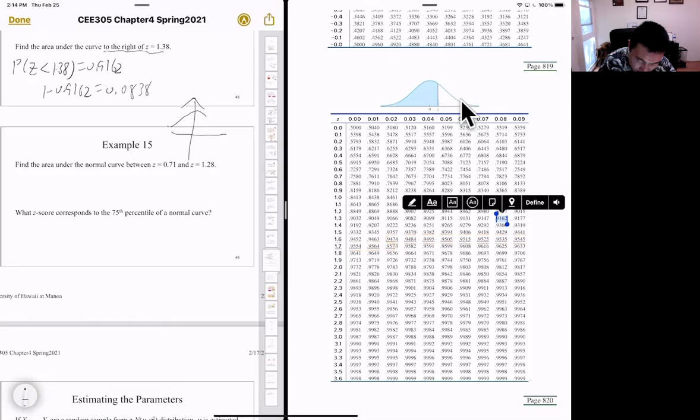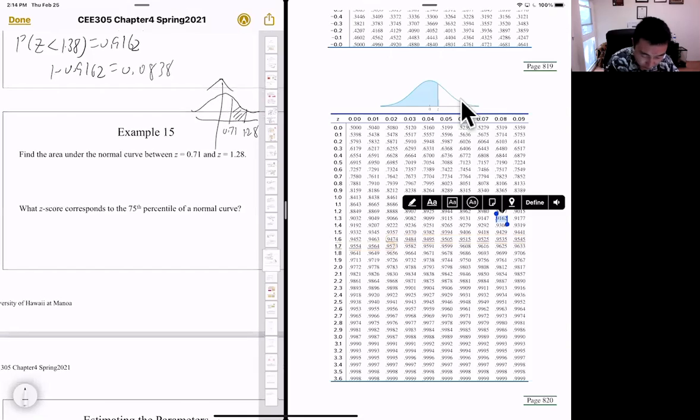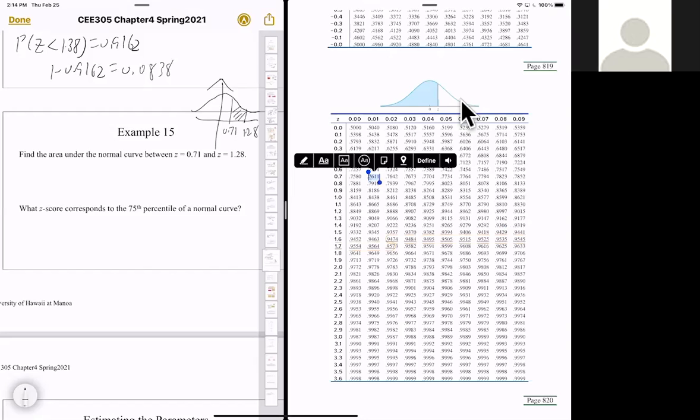To find this area, first we need the value for Z less than 0.71. 0.7 is here, 0.71 is here, which gives 0.7611.